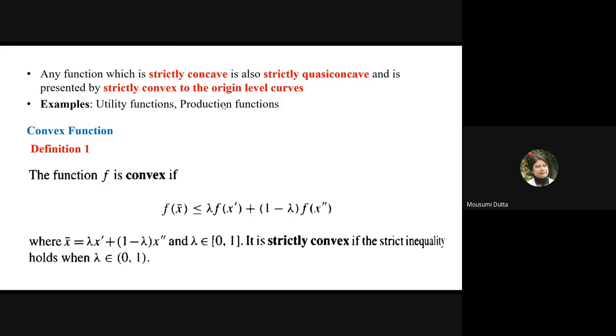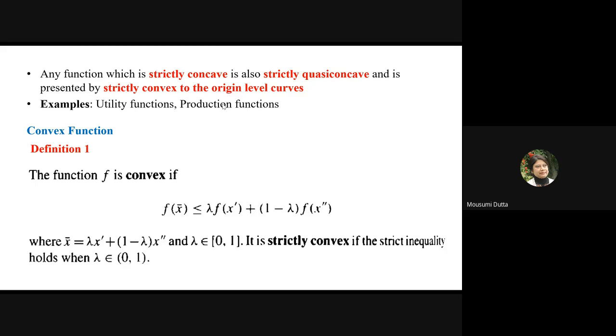However, when we present these functions graphically, you have the experience that the indifference curve will be strictly convex to the origin. Isoquant will be strictly convex to the origin. So the level curves associated with a strictly concave or strictly quasi-concave function will be presented by strictly convex curves.